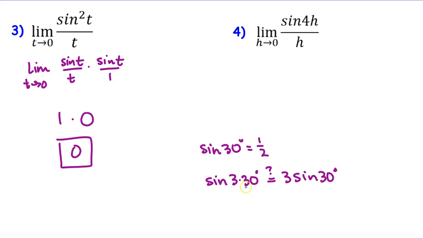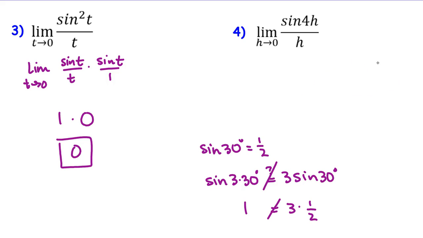Let's see, the sine of 3 times 30 is the sine of 90, and the sine of 90 is 1. On the other hand, 3 times the sine of 30 is 3/2. No, these are not equal. So you can't factor a number outside of a sine, just like if it was inside a radical, you couldn't just bring out the 4. You could do something else, but you couldn't just bring out the 4.